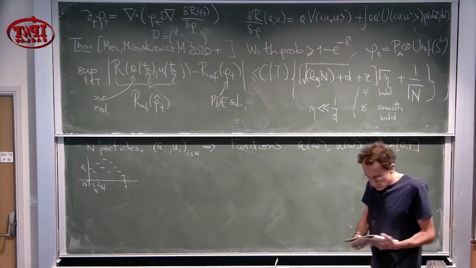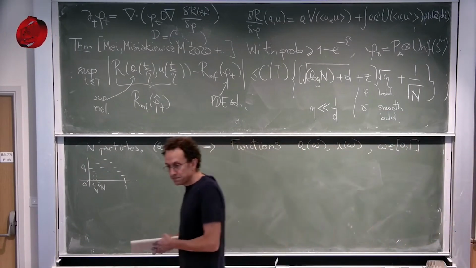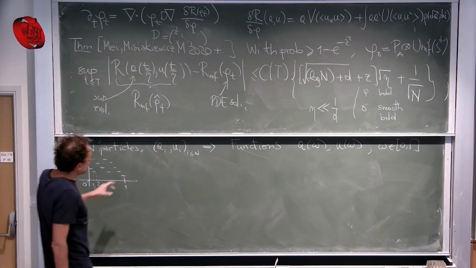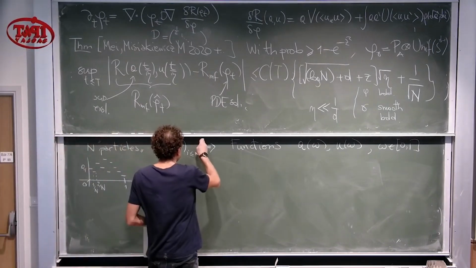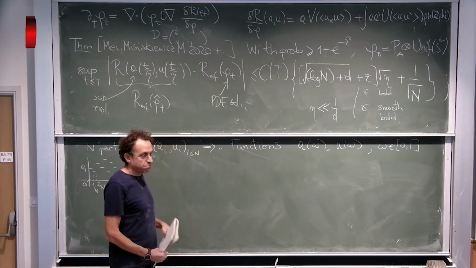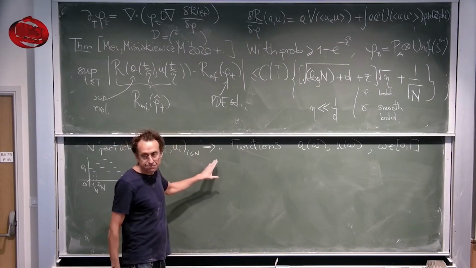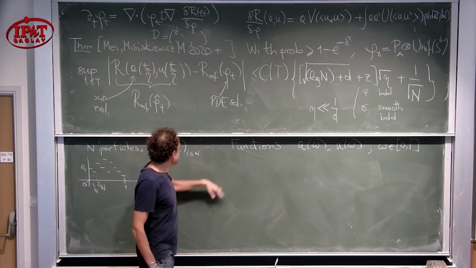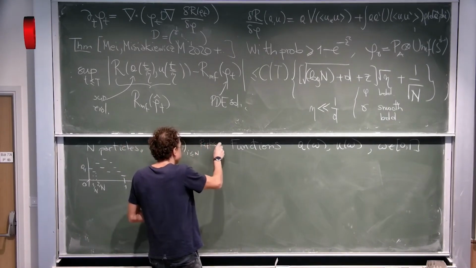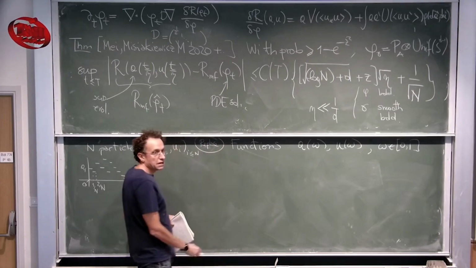Yes? Well, you need to have some regularity condition, otherwise it doesn't converge. I'm not claiming that these converge to any function, but I just want to replace these n particles by a function.